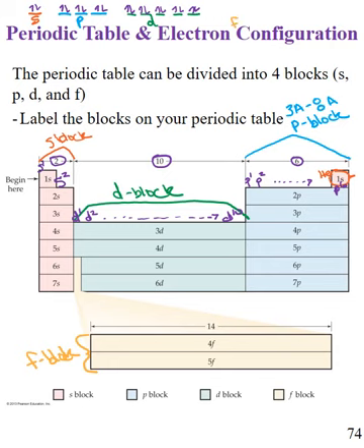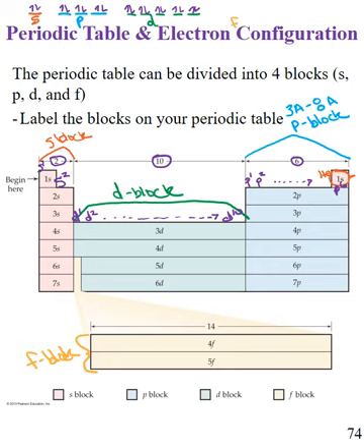Okay, then we will look at the P block. The P block is over here, 3A through 8A. How many electrons can a P subshell hold? The most it can hold. It can hold up to 6 electrons. So this group right here, this will be our P1.